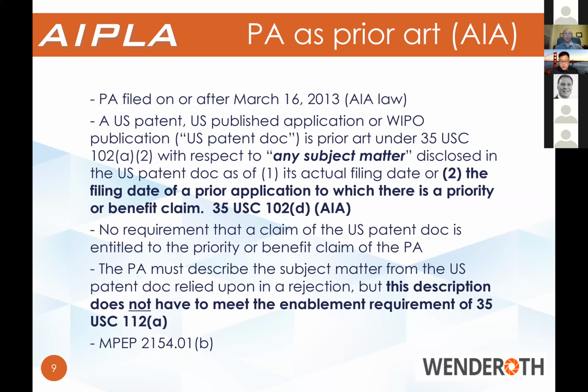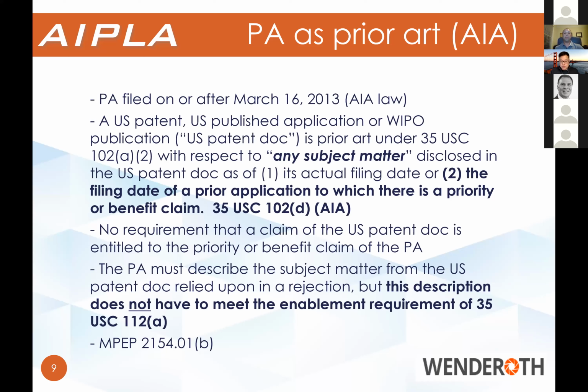So a US patent or a US published application or a WIPO publication, I'm going to call those US patent documents. Those are prior art under 102(a)(2) with respect to any subject matter disclosed in that patent document, the patent, the publication, or the WIPO publication, as of its actual filing date or the filing date of a prior application to which there is a priority or benefit claim.